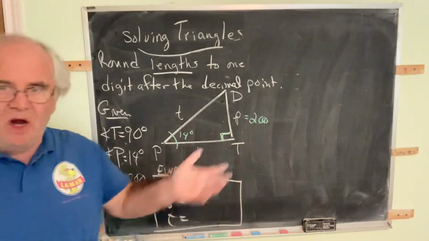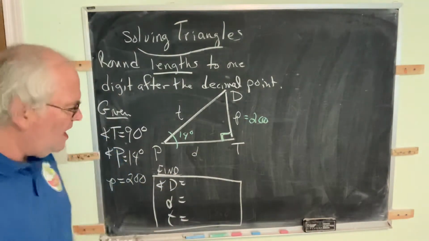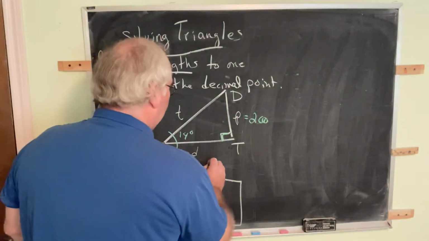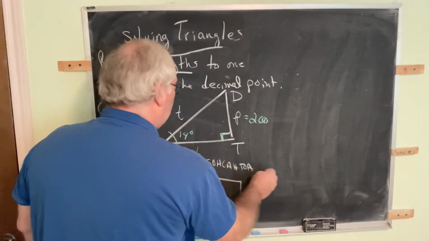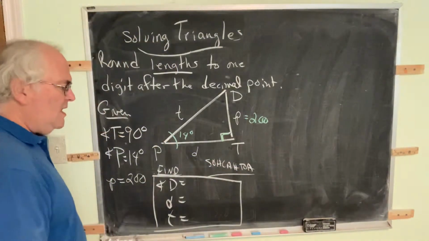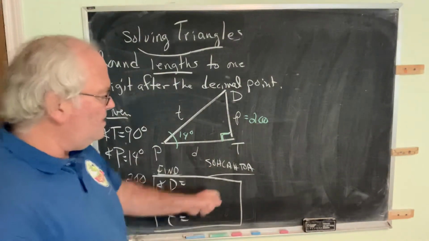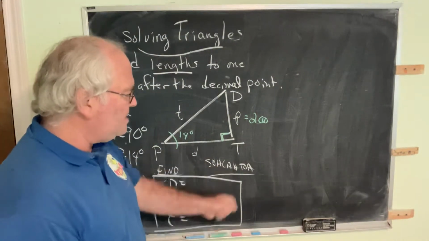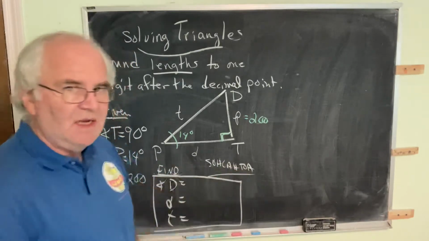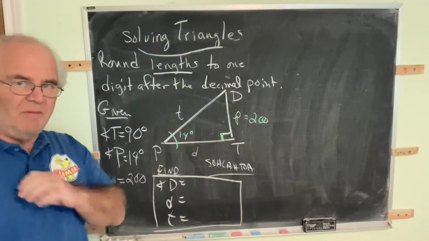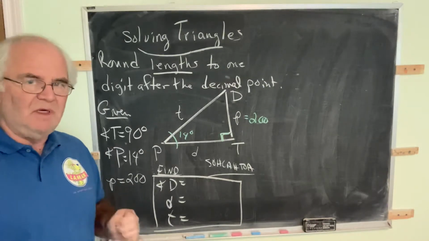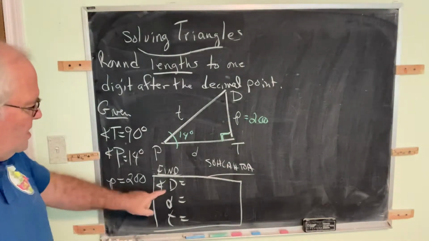This is same song, next stanza from our previous problem. The tool we're going to be using here is our good friend SOHCAHTOA. Sine is opposite over hypotenuse, cosine is adjacent over hypotenuse, tangent is opposite over adjacent. And remember, the rule is, if possible, use only given information. So angle D is easy.